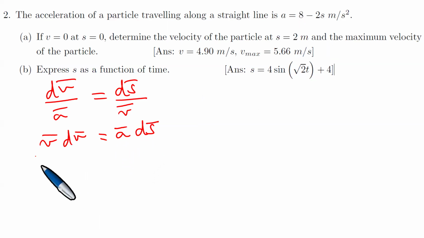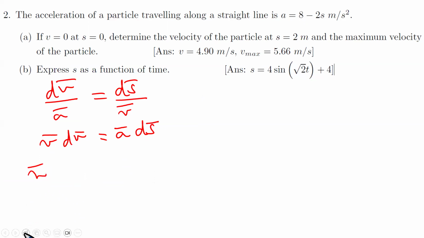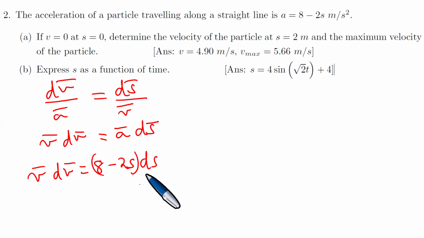It's 8 minus twice s. So here we have exactly that: v dv equals 8 minus twice s ds. This is what we get.